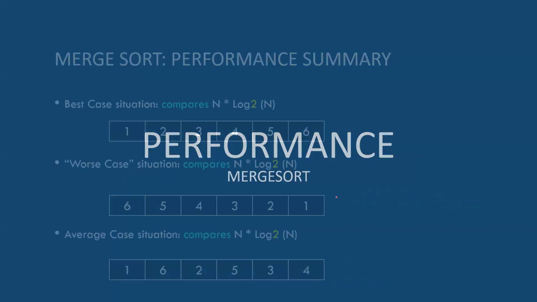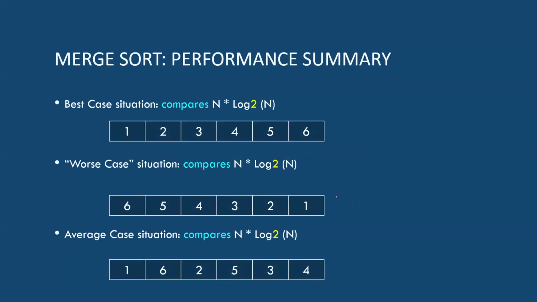So, performance, summarizing. In our best case situation, n log n. In our worst case situation, n log n. And our average case situation, n log n. We won't go through all the analysis of that, but we could empirically simulate that, which we won't do. That's what we call a tightly bound performance profile.